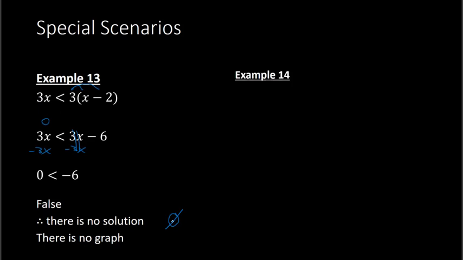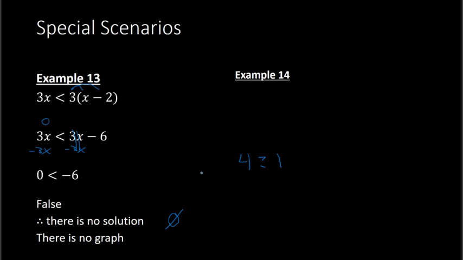One other special kind of situation that you might see is if you solve and get all the way to the end and it's a true statement. So instead of 0 is less than -6, let's say you had something like 4 is greater than or equal to 1. Okay, that is a true statement, right?